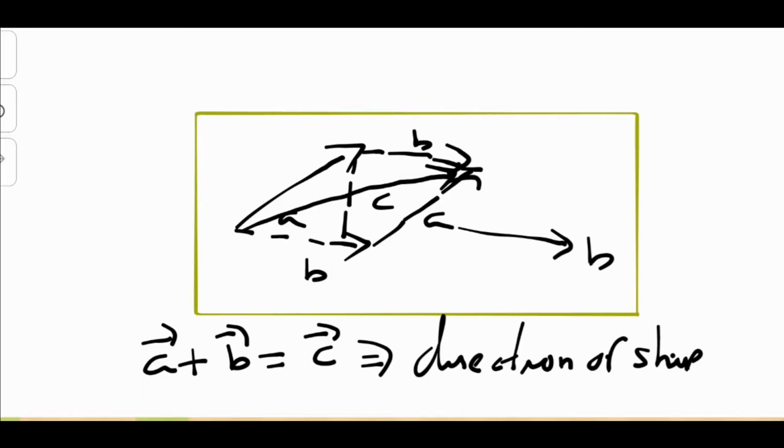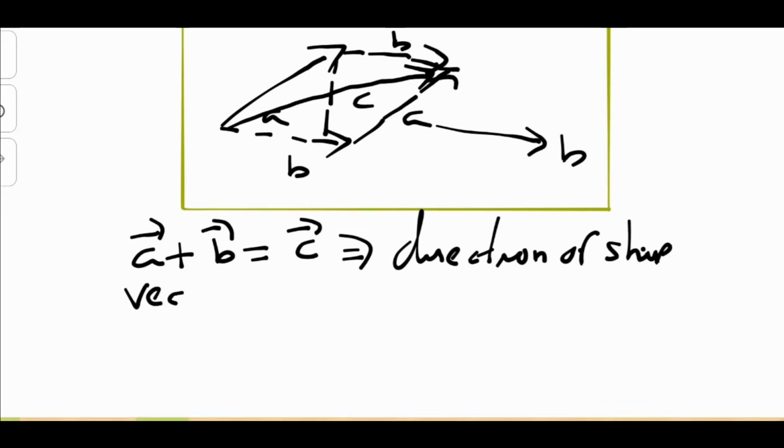So vector C is the direction to steer the ship, and this is known as the law of vector addition.